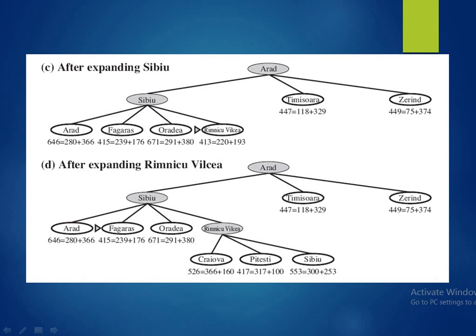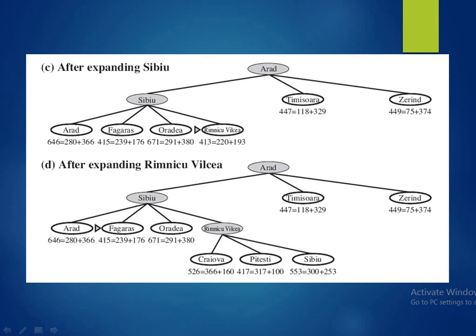And after expanding this low value city, that is Râmnicu Vâlcea, we again have three different cities, that is Craiova, Pitești and Sibiu.